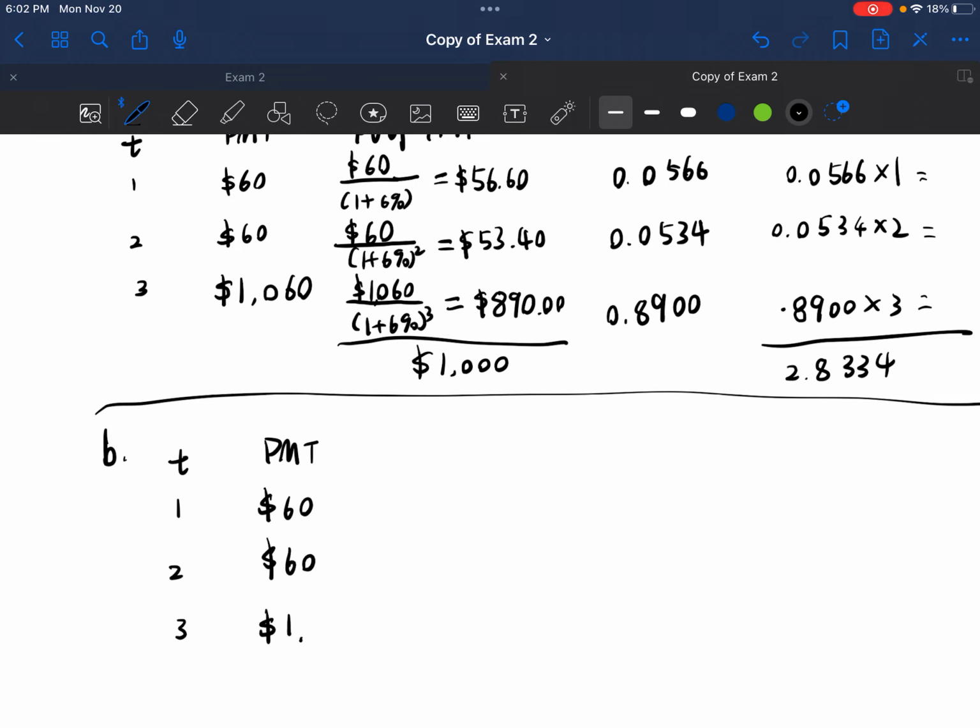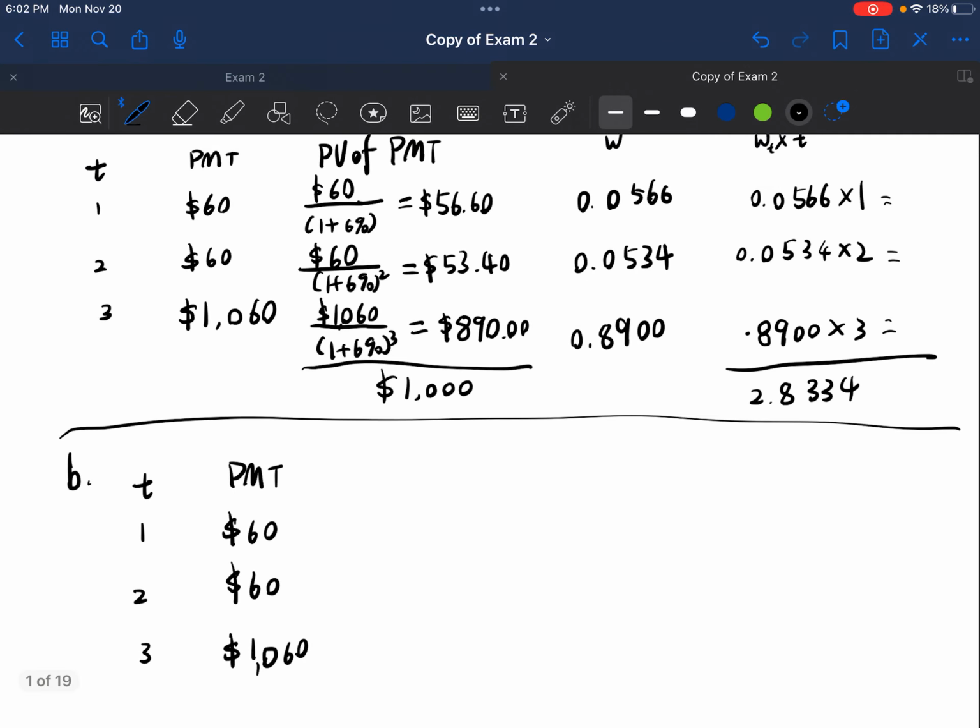It's still the same payment. But when you discount the payment to time 0 to get the present value of each payment, the yield changes to 10%.